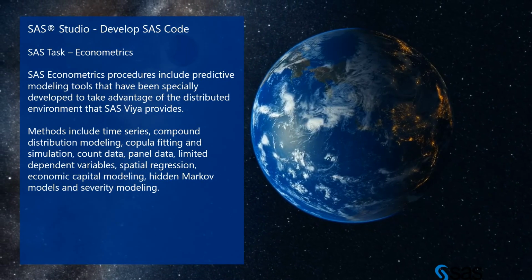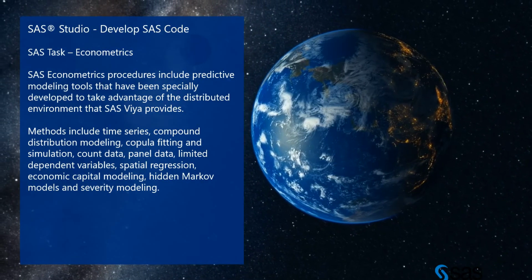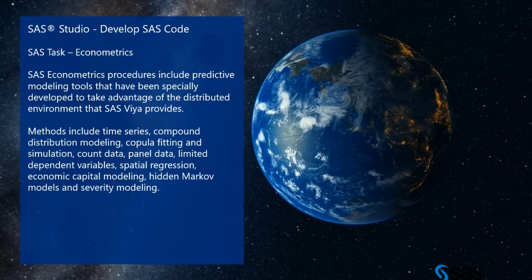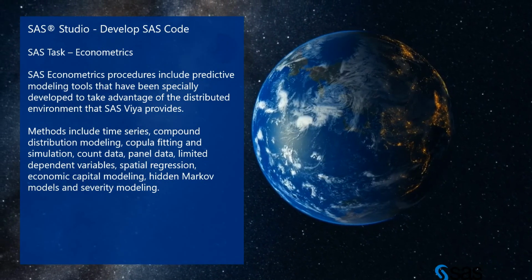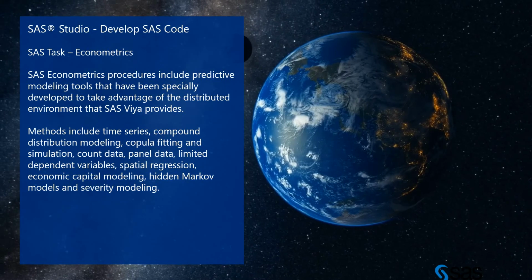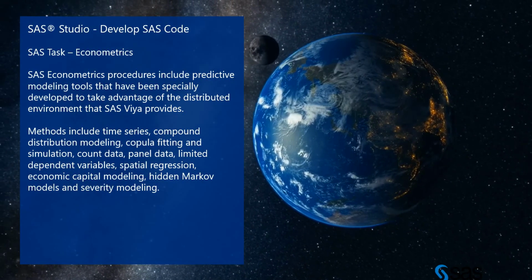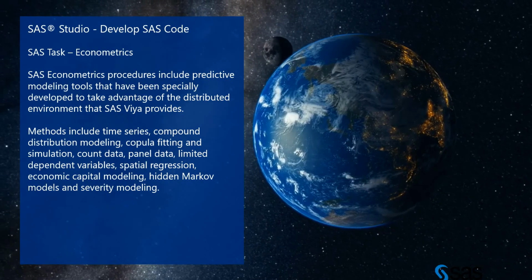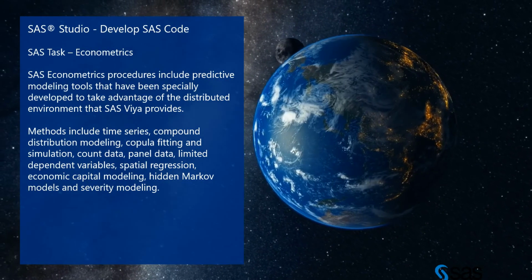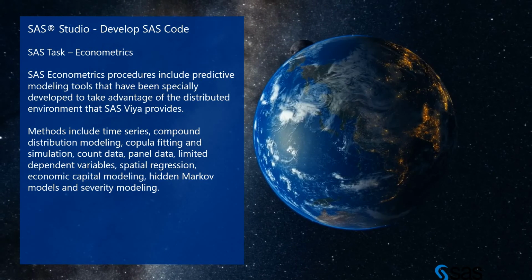So in the last session we covered SAS Econometrics. What is SAS Econometrics and its procedures? The procedures include predictive modeling tools that have been specially developed to take advantage of the distributed environment that SAS Viya provides.